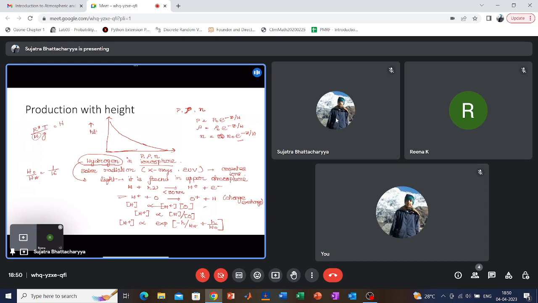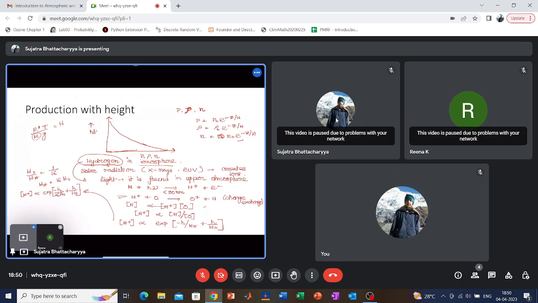Okay, so H_H will be 16 times H of oxygen. Now if you put it here in this expression, then what will happen? See, this H plus is proportional to, therefore, exponential of minus z by 16 H_O plus z by H_H. Just replacing this H_H.